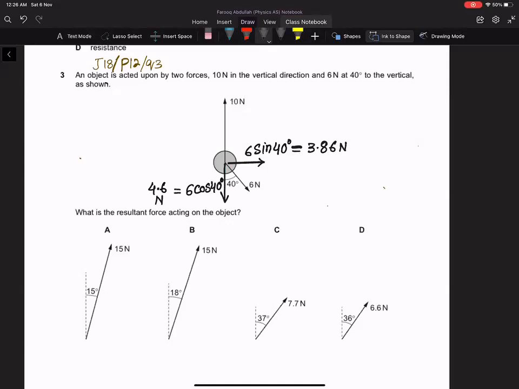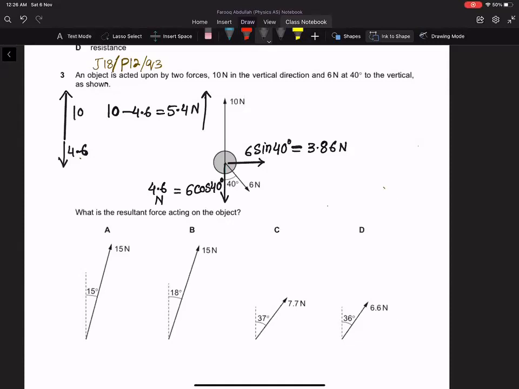Now, vertically, the resultant will become 10 upwards and 4.6 downwards. So vertically, we get 10 minus 4.6, that would be 5.4 Newton, vertically upwards. And horizontally, we have 3.86.